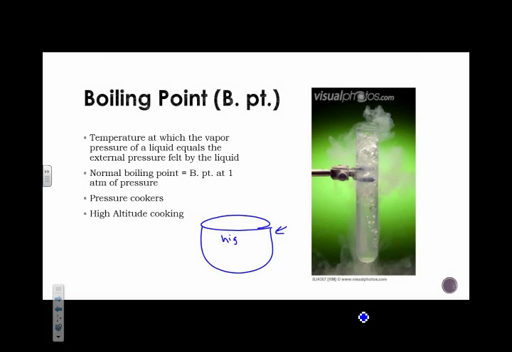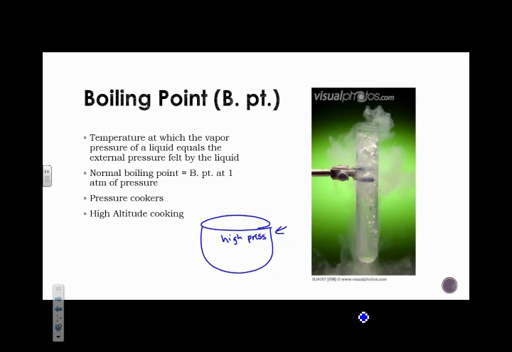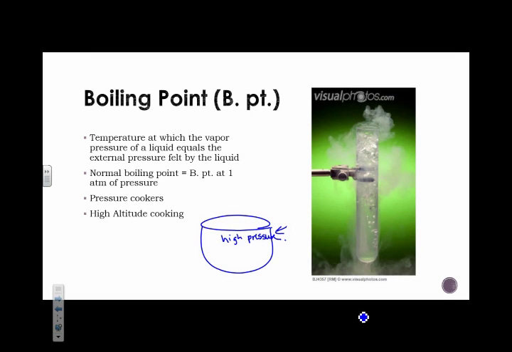So we've got high pressure in here on the food, and so your food cooks faster because you boil at a much higher temperature.